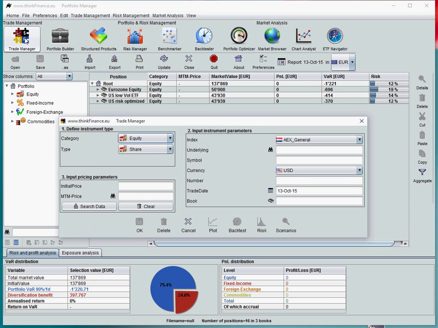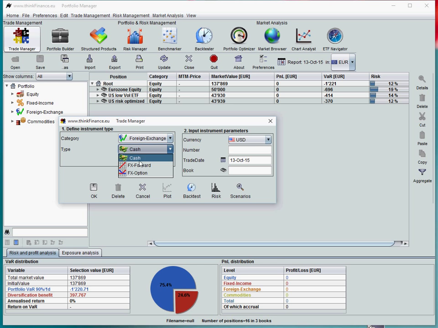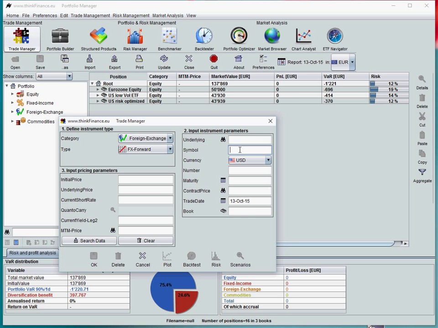I go to the Trade Manager and I want to trade an FX forward, which is in the category foreign exchange. FX forward, and I need to trade the euro US dollar currency, and I have to hedge $50,000.